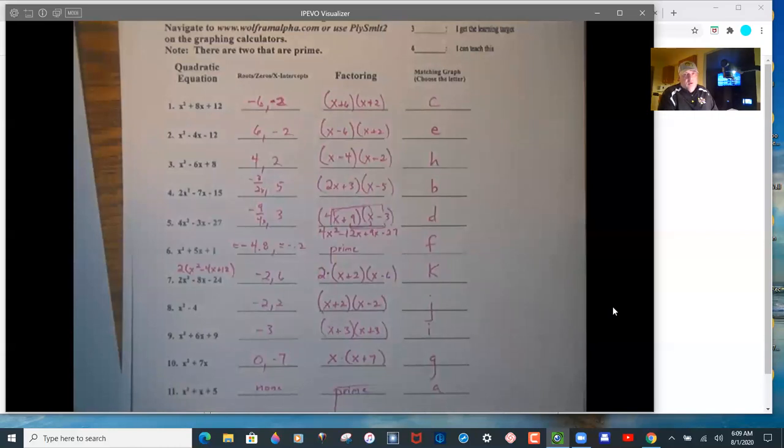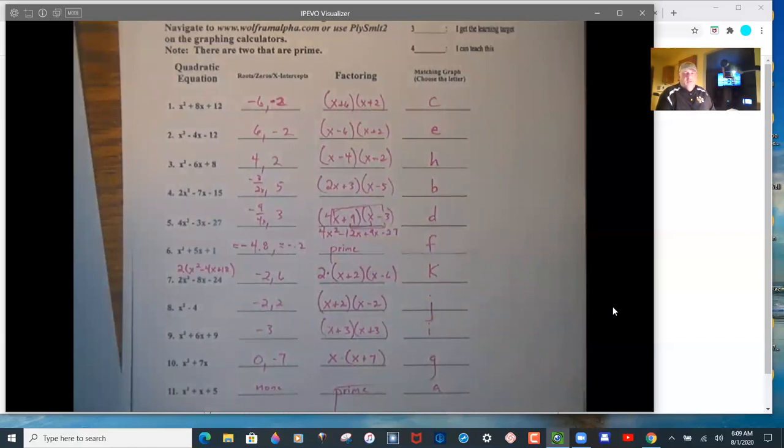Although I'm going to warn you, online factoring sucks. Some of these algorithms, it probably would get these right, but some of the common factor ones and some of these, it actually factors incorrectly. So you need to listen to this, not get so reliant upon online engines all the time.